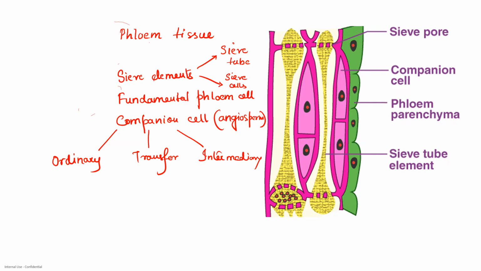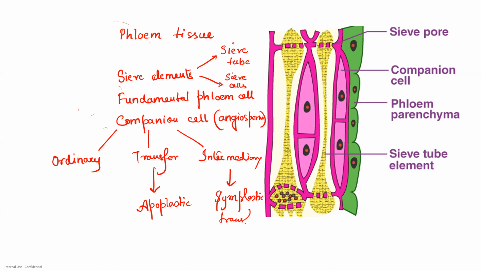So these two keywords you remember: transfer cells perform their function in the apoplast region, and intermediary ones do symplastic transport.